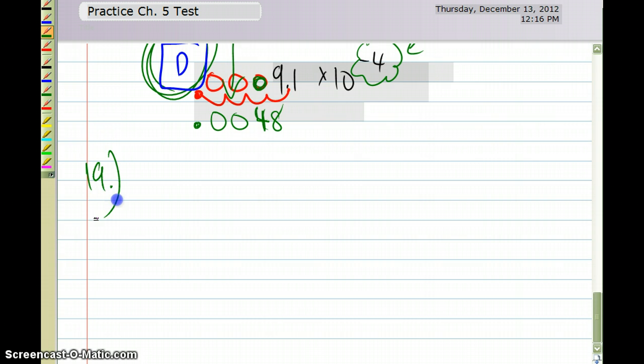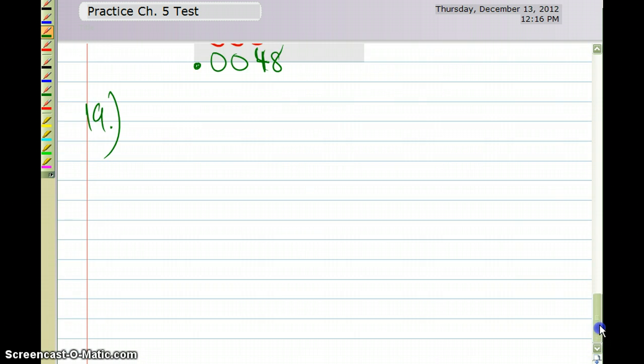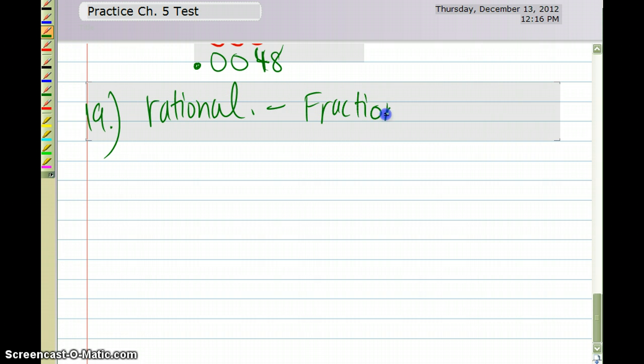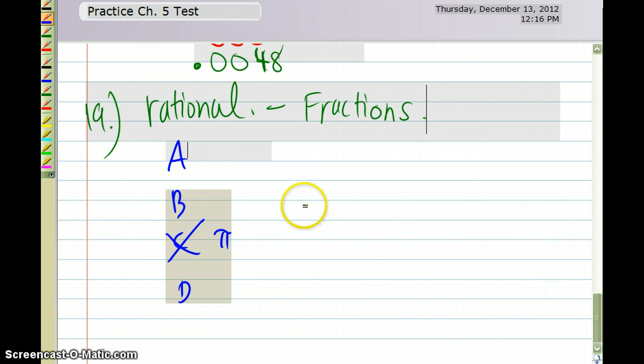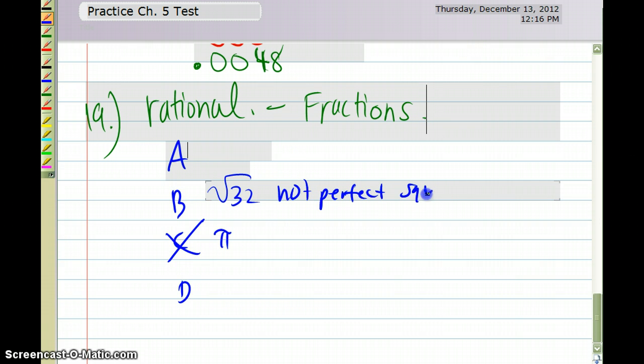On number 19, which number is rational? Rational numbers mean fractions. Are any of them fractions or can be fractions? If I look at my choices, I definitely know C is not it because pi is irrational. Square root of 32, could it be a rational fraction? Oh no, it's not a perfect square, so definitely not that one.